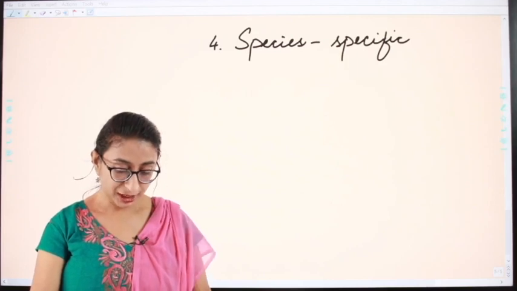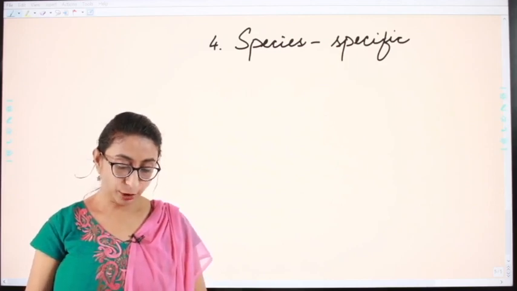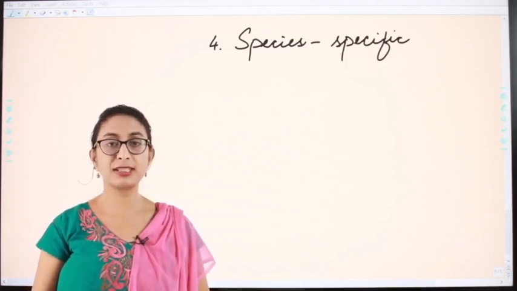So a gene imprinted in one species may not be imprinted in another species.